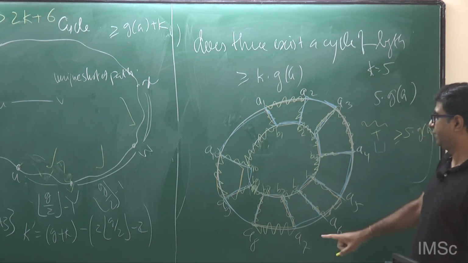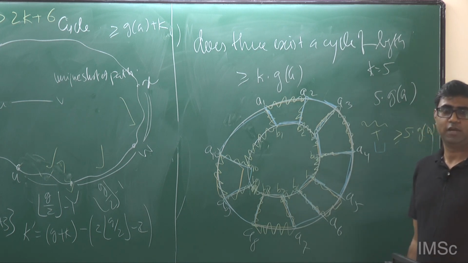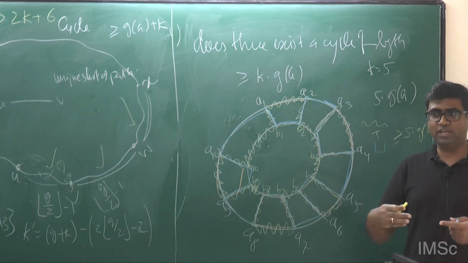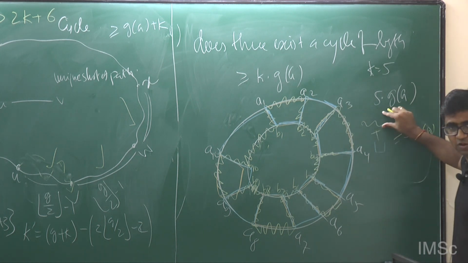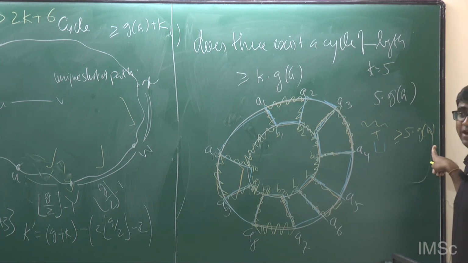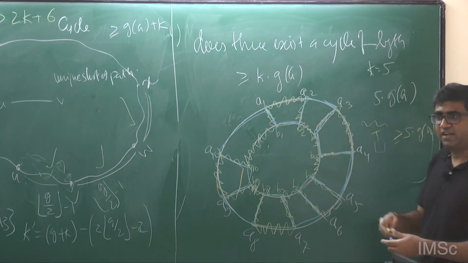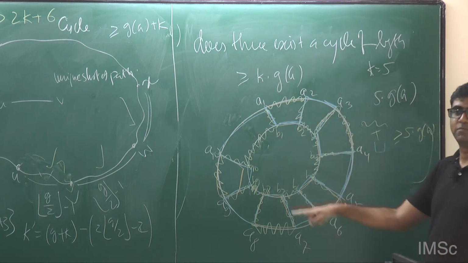Because look, they definitely cover all the disjoint cycles. They overlap each other, but together, if I sum them up with their intersection and everything, they are definitely more than 5 times g(G), because they cover all the edges of the disjoint cycles. This is how I made my cycles.